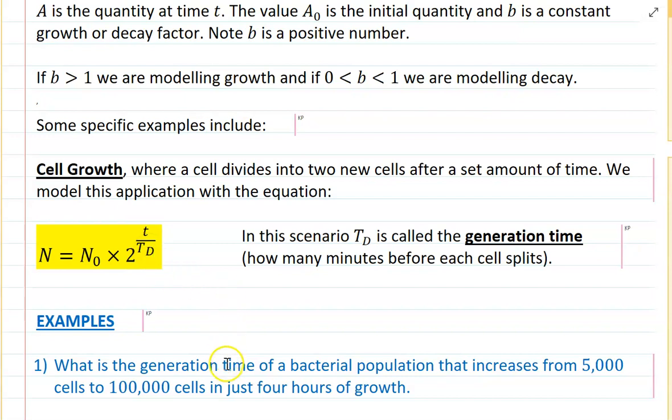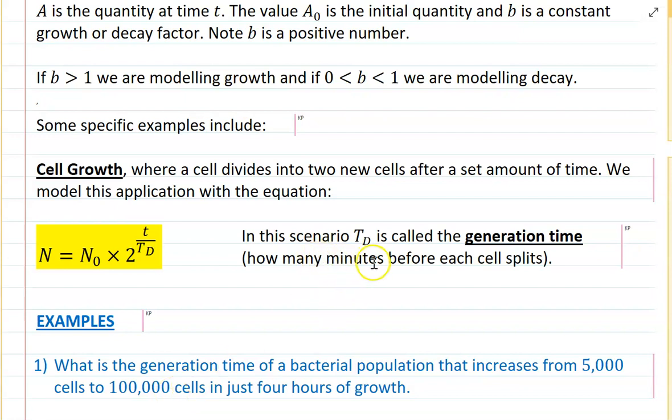So what we do know is that the initial bacterial population was 5,000. So N0 is 5,000. We also know that it grew to 100,000. So N at this particular time after 4 hours is 100,000.